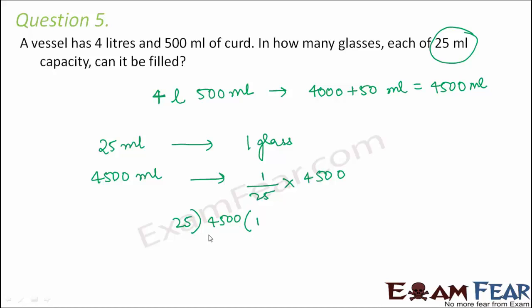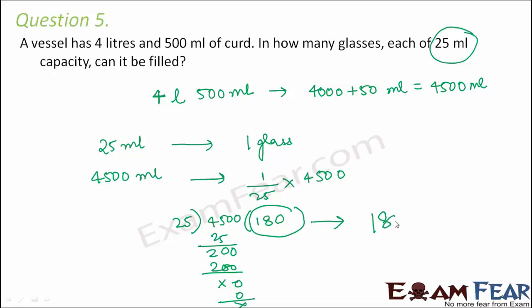So the remainder will be 20. You have a 0 here. So this would be 8. You have a 0 here, and another 0 here. And so the final remainder is 0. So basically 180 glasses. So in 180 glasses, this entire volume of curd can be filled.